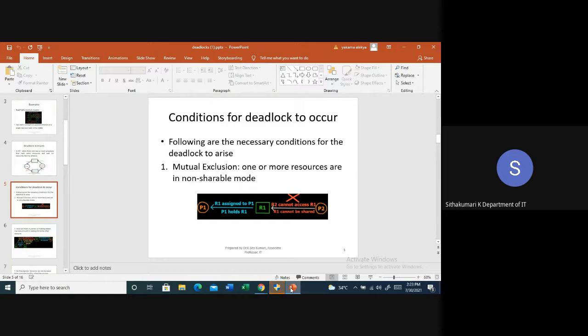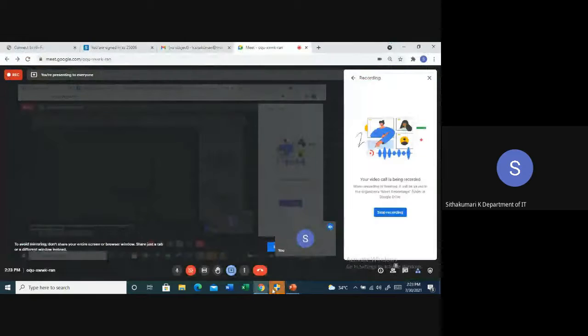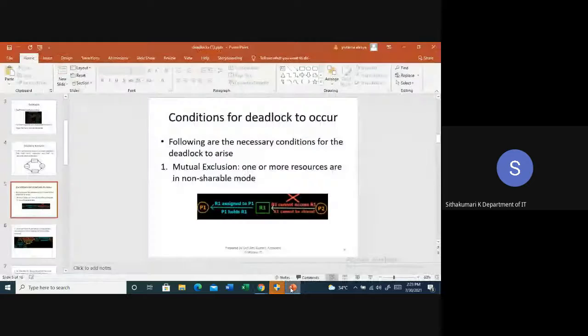So here, in this diagram, you can see that there is a process P1 which is assigned with the resource R1. That is, P1 is holding the resource R1. Now if P2 wants to access R1, it is not possible because at that time R1 is already assigned to P1.